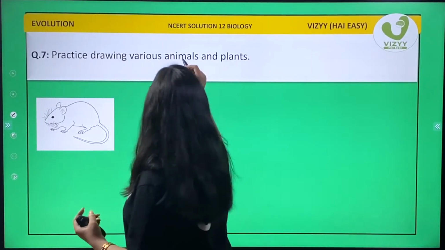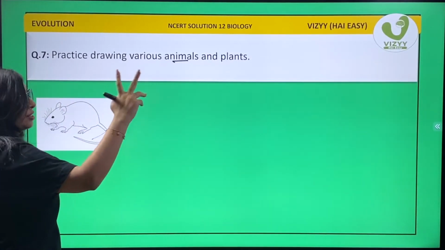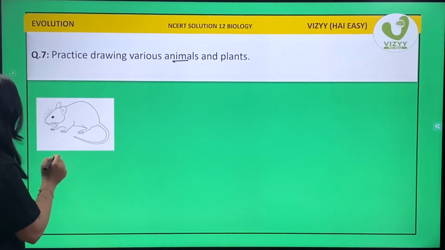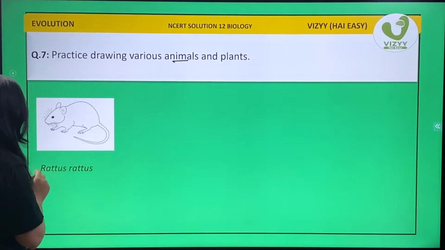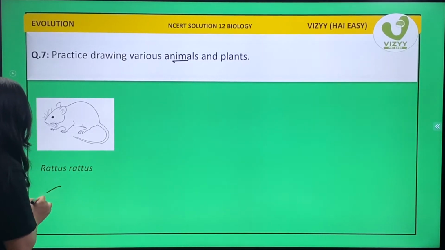The animals I have selected here are cat and rat, Tom and Jerry. So let's draw Jerry. This is rat. Scientific name of it is Rattus rattus. Now, let's start with this. 1, 2.